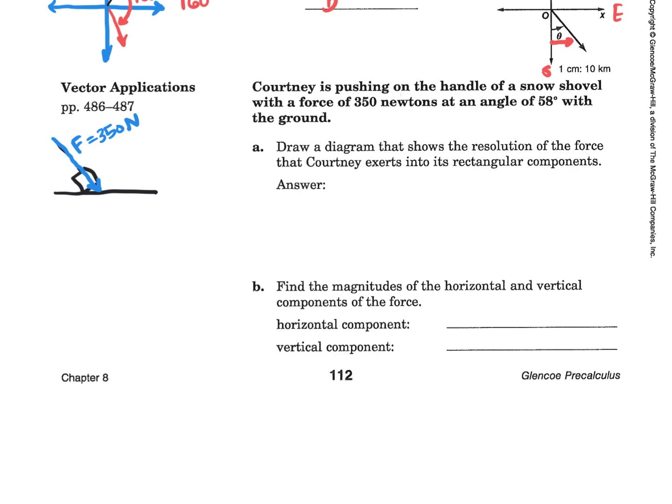Where does that angle go? With the ground is pretty much saying what? From here to here, isn't it? Do you agree? So this is where our angle goes, 58 degrees. Okay, now it says let's exert this in our rectangular components.